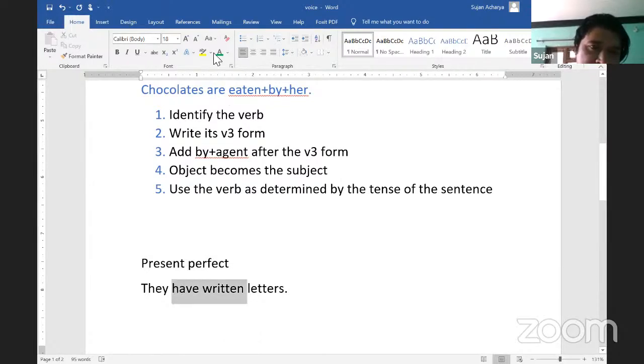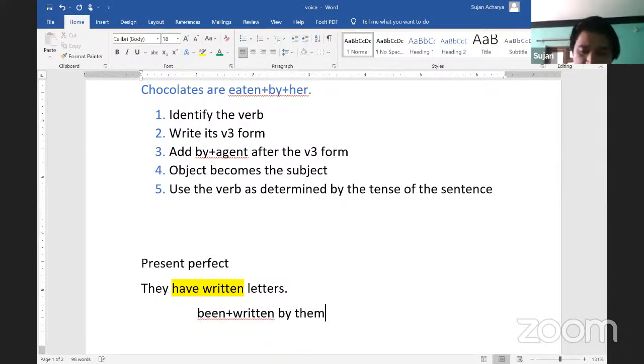Have written means the sentence is in present perfect tense. So following the same procedure, identify the verb written. What is its V3 form? Written. Now, because the sentence is in perfect tense, what you have to do is add been in front of the V3 form of the verb. The rest is the same.